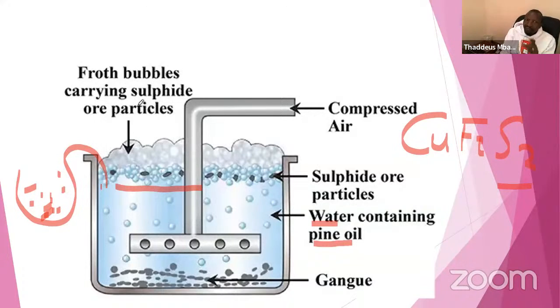Remember I said the sulfide ores will get surrounded by the oil, making them a little bit less dense. So when you blow in air, it will push the sulfide ores to the top of this container. You can see the froth is now directed to a collector, collected on the side here. Are you getting the point?